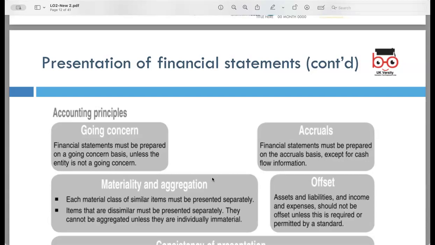Offsetting: items that are dissimilar should not be offset against each other unless permitted by a specific standard. This means that assets and liabilities or income and expenses should be reported separately to provide a clear and undistorted view of the company's financial position and performance.